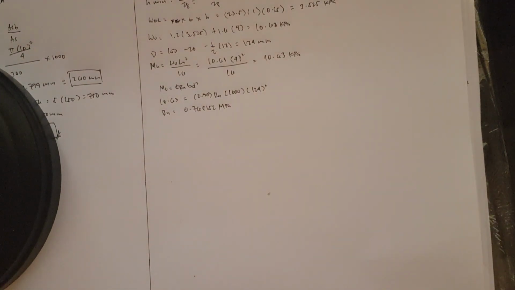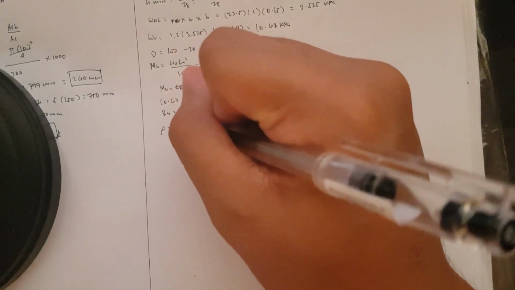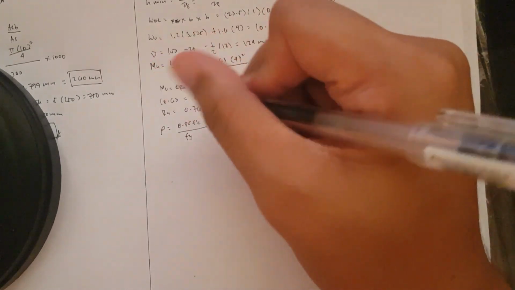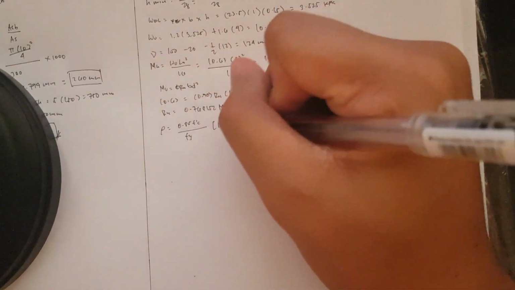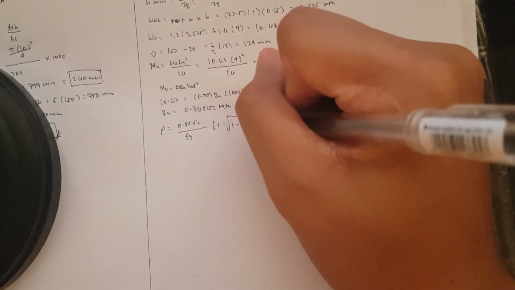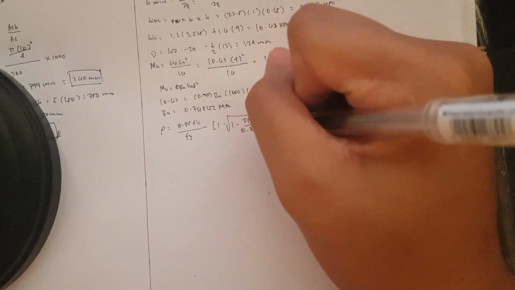So susunod natin, kokompyutin ngayon natin yung reinforcement ratio. So rho is equal to 0.85 f'c over Fy times 1 minus square root of 1 minus 2 Rn over 0.85 f'c.